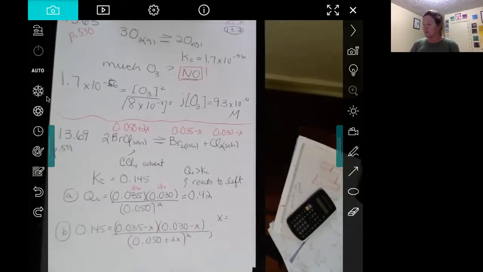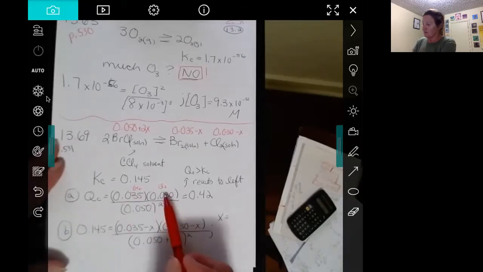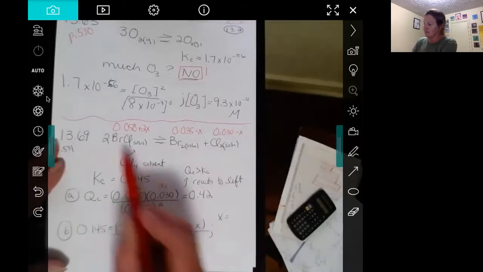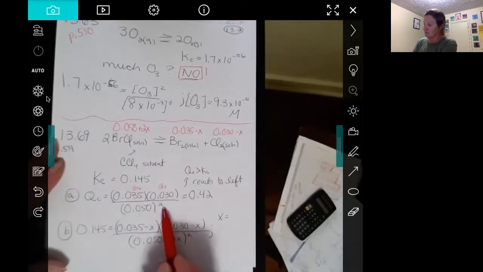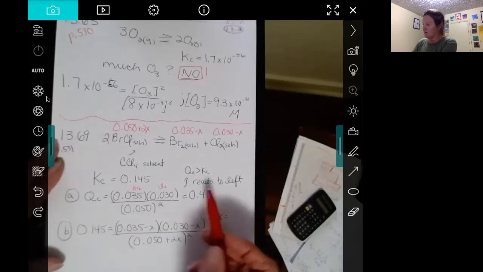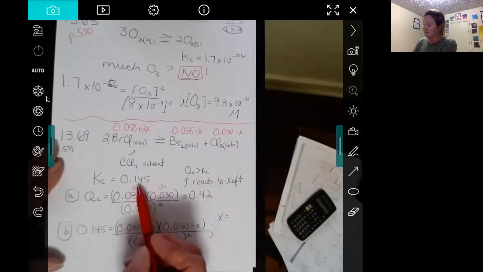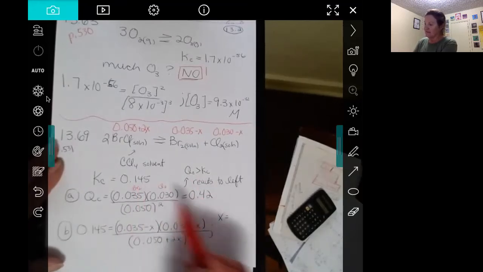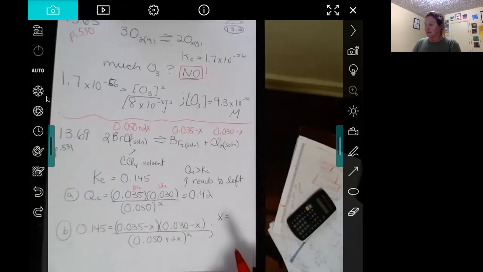So that's what you mix up. So you can calculate a Q by putting bromine times chlorine divided by the bromochloride squared, and I get a QC of 0.42. And then I have to ask the question, which way does the reaction go? Well, if QC is bigger, and it is, than Kc, then the reaction is going to go from left to right.